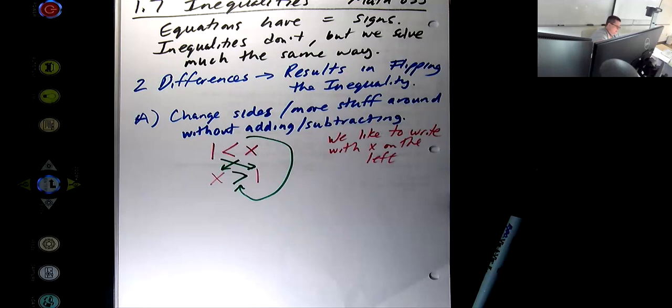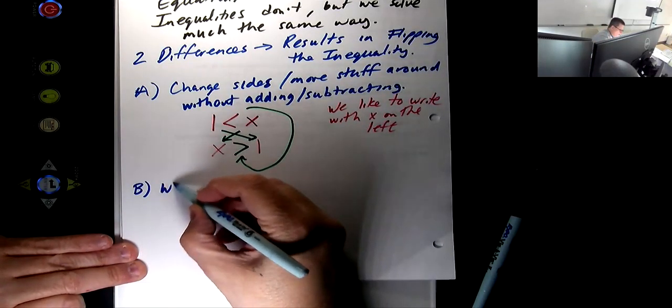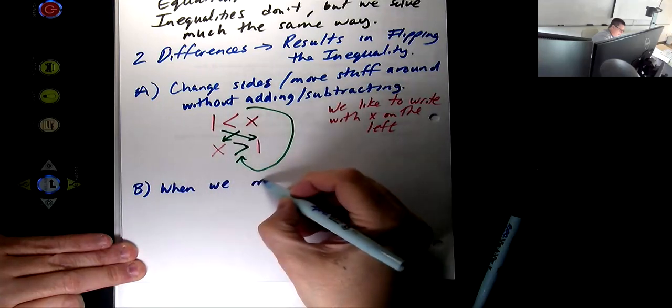The other time we flip the inequality is when we multiply or divide by a negative.